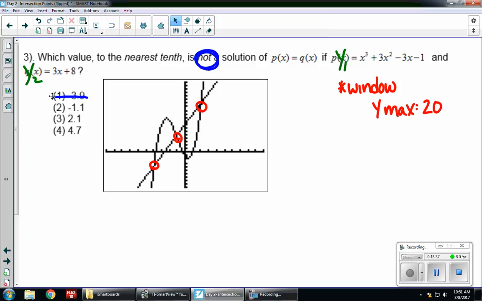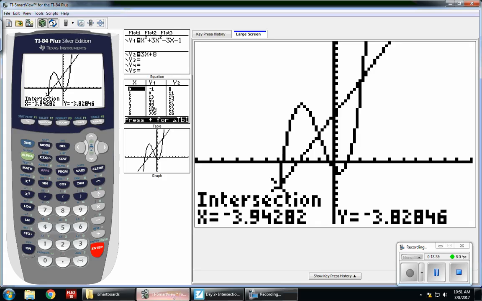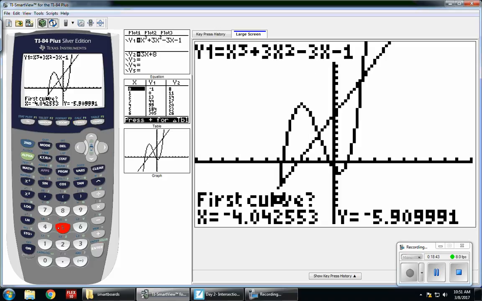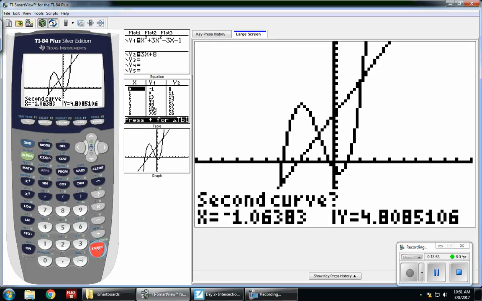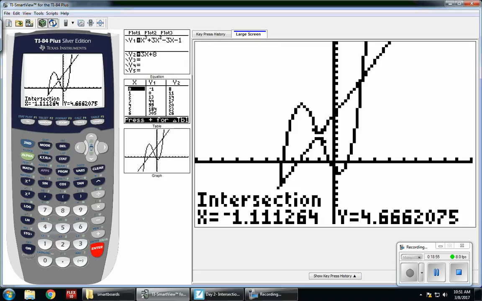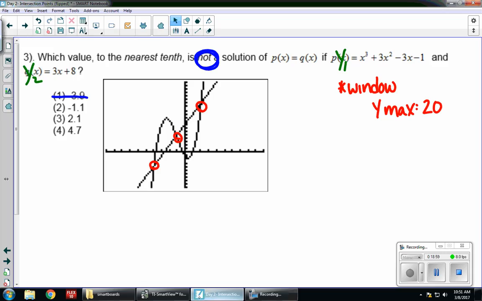Then I'm going to go back to my calculator again. Second trace, choice 5. Scroll with your right arrow to that second point of intersection. Hit enter 3 times. X equals negative 1.1. So my answer is not choice 2.